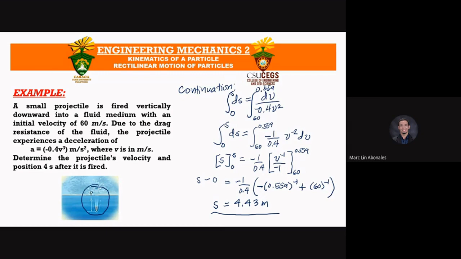From 60 meters per second, it must be lower than 60 meters per second, because as an object goes deeper in water, its velocity slows down. Its motion slows down. You say it decelerates. So that is why it is 0.559 meters per second. Okay? Did you get the technical judgment I explained?